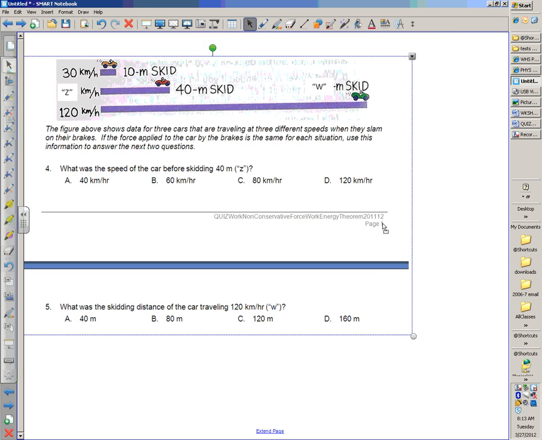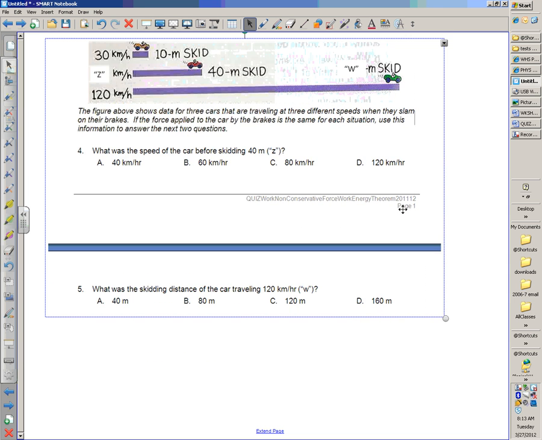First, this quiz being about work and the work energy theorem. The first question on your quiz asks how we calculate the amount of work done on an object. In order to calculate the amount of work done on an object, we need to know two things: force and distance, or displacement.